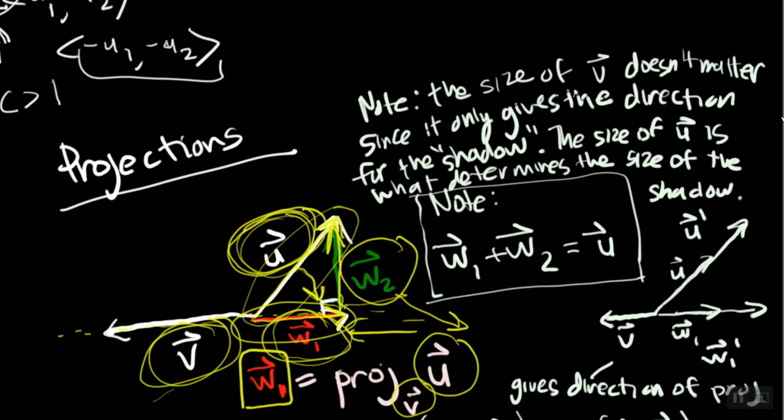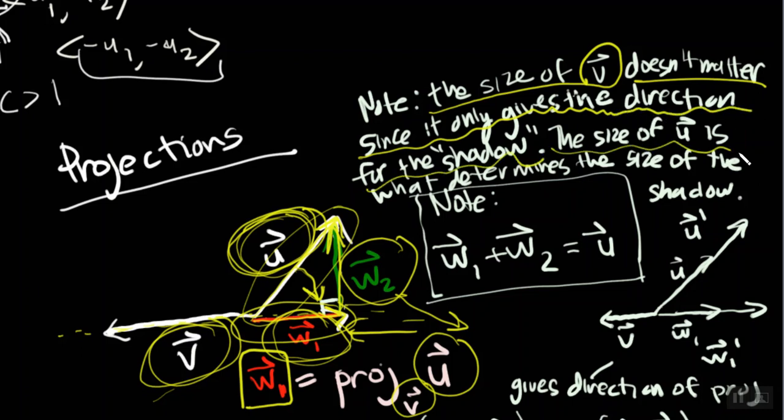And let's actually look at the notes that I wrote. Note, the size of the vector v, or the platform or the ground that the shadow is being cast upon, doesn't matter, since the vector v only gives the direction for the shadow. The size of u, the thing creating the shadow, is what determines the size of the shadow, which we call W1.